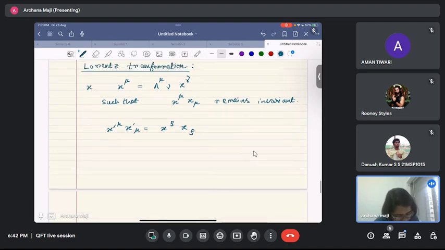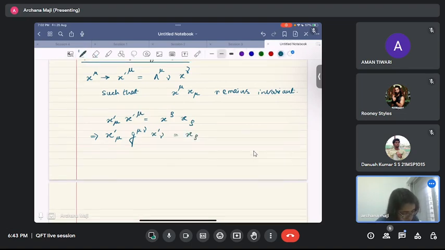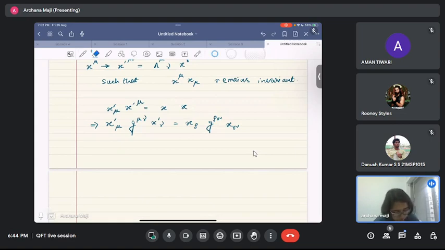Then we can replace, so x mu is becoming x prime mu, and this we can write as g mu nu x prime mu x prime nu. Let me know if you have any difficulty in any of the steps.